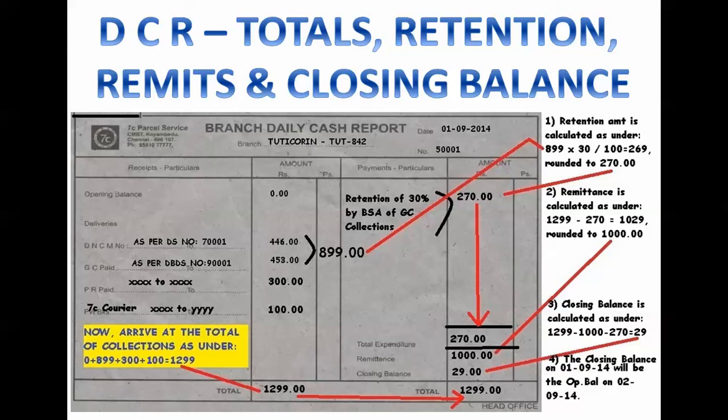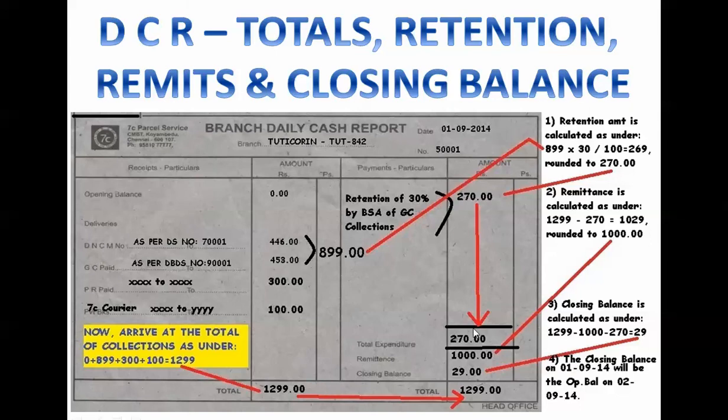As explained to you, the bus stand agent, that is BSA, is allowed to retain 30% of the GC collections. Here in this case, the GC collections amount to 899, and the calculation is given here: 899 into 30 by 100 gives you 269, which is rounded to 270.